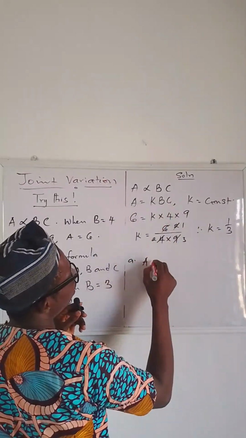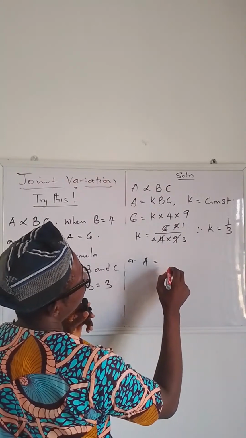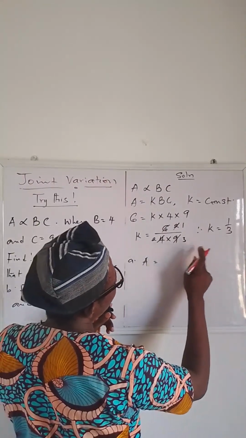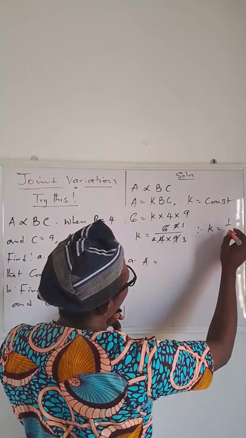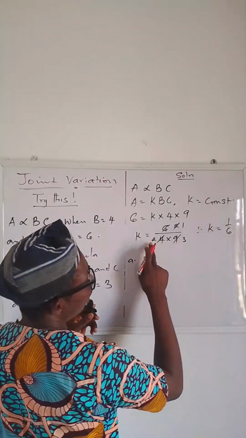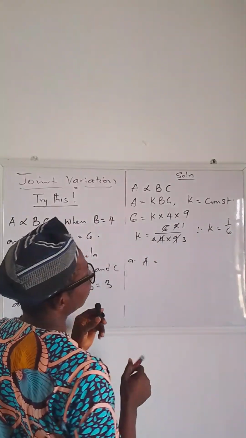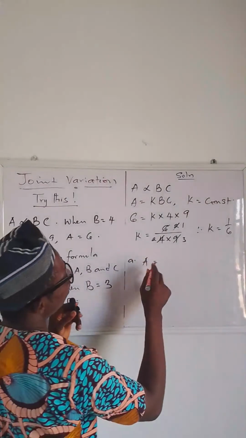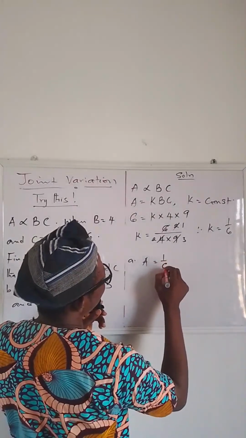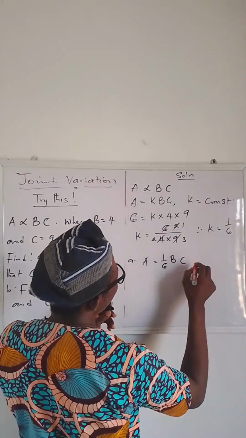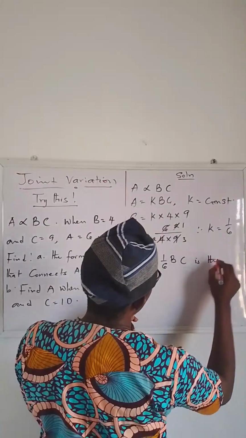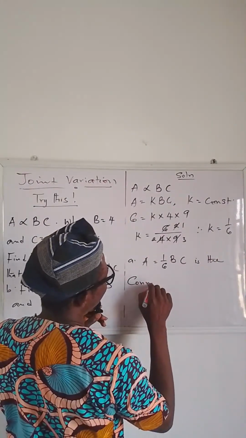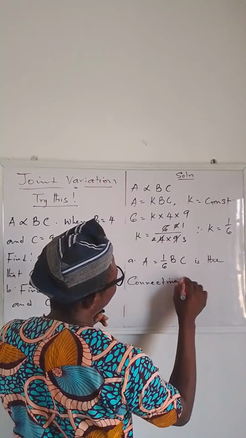We have A equals... I think this is supposed to be 1/6, sorry, not 1/3. That's 1/6 because we have 2 times 3. So now we have A equals 1/6 BC as the connecting formula.